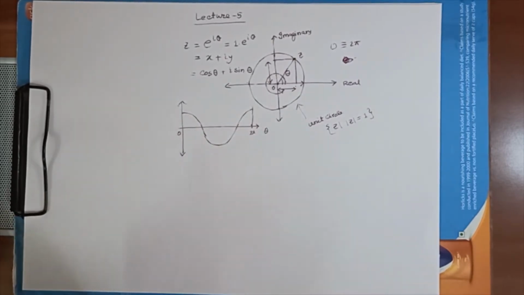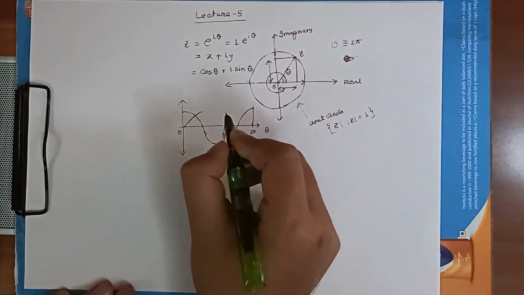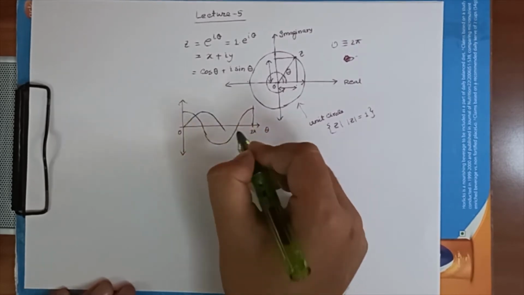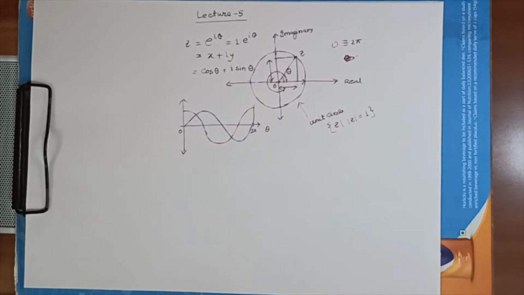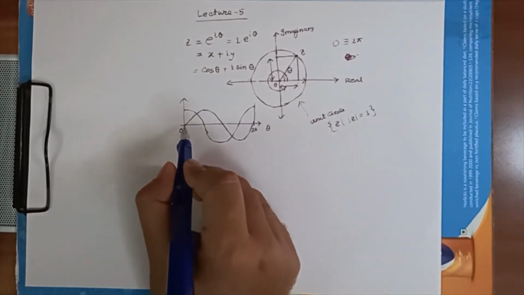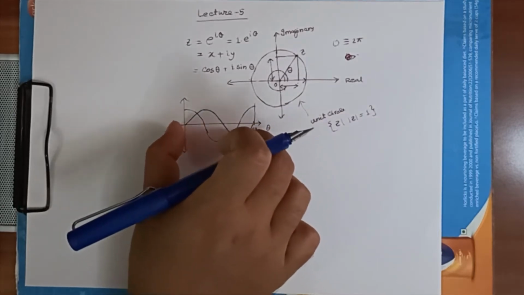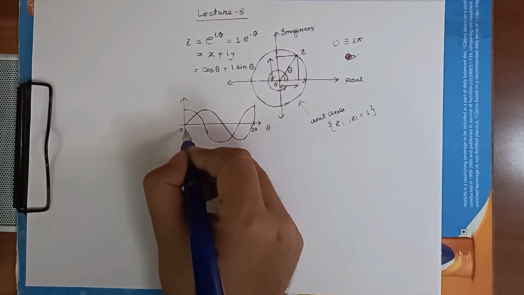In the same graph, if I plot the sine, it will look like this. They are similar kinds of curves, but with a phase shift. If you shift the sine curve 90 degrees this side, these points are, this is the 0 angle.